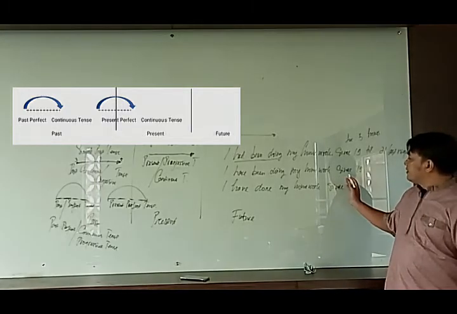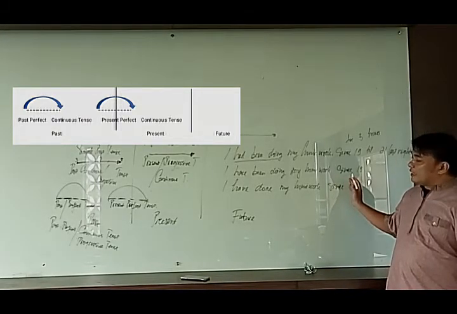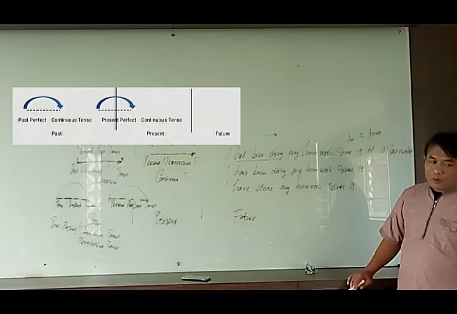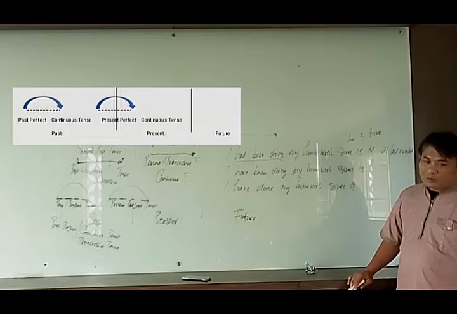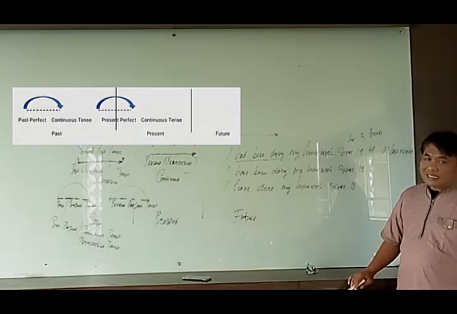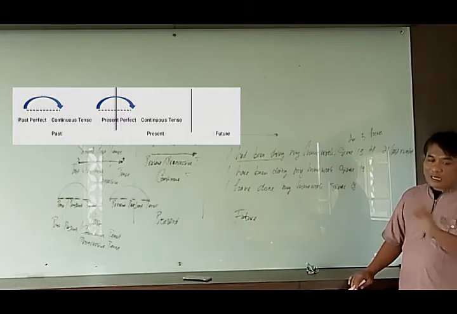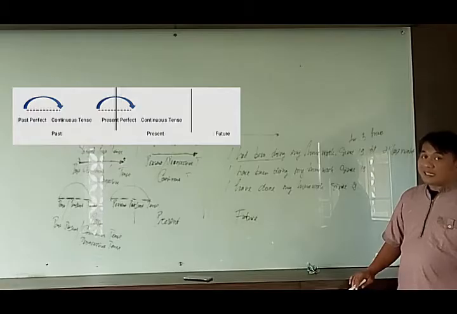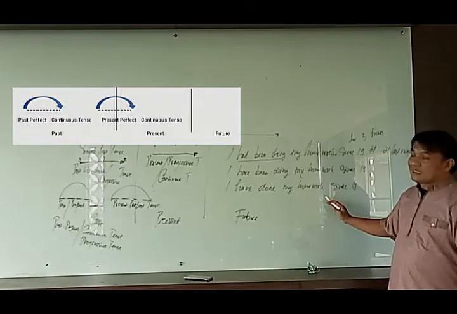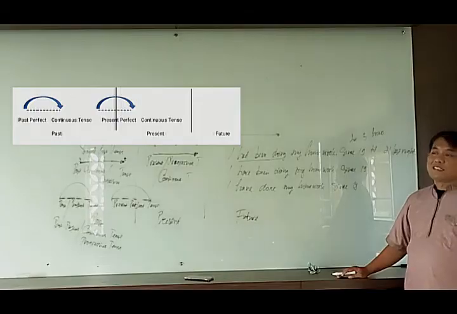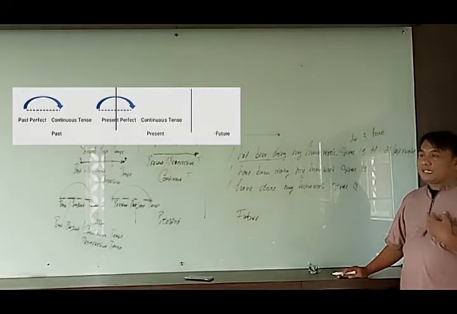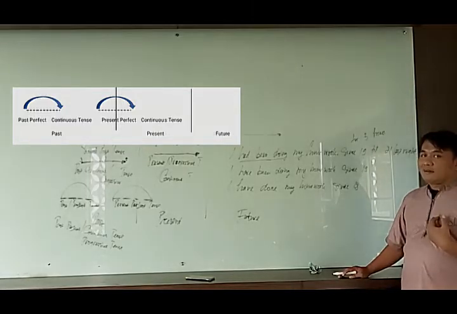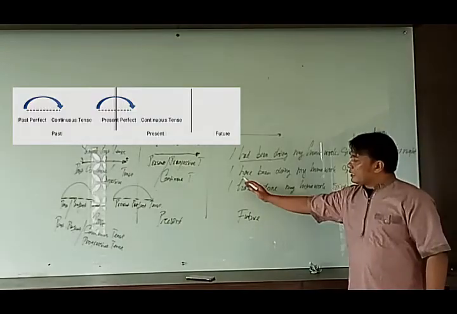Kalau ini berarti saudara mengatakan bahwa hal itu sudah terjadi, dari kapan sampai waktu present ini, ya. Tapi tidak dikatakan sedang berlangsung. Saya mengajar dari tadi setengah jam yang lalu sampai sekarang masih mengajar, berarti mengatakannya pakainya ini.